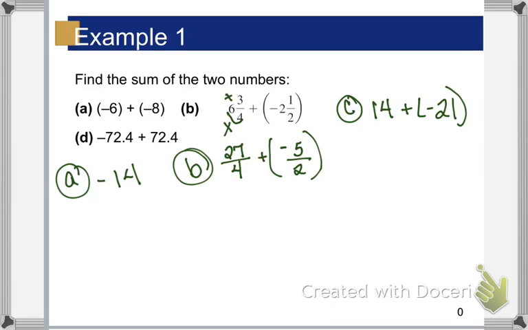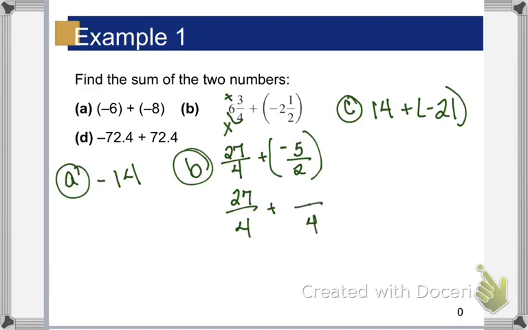It's not your best. 4 is my common denominator. 4 goes into 4, and 2 goes into 4. So we're looking for a number that goes into both of those. That's why 4. So my common denominator here is 4.